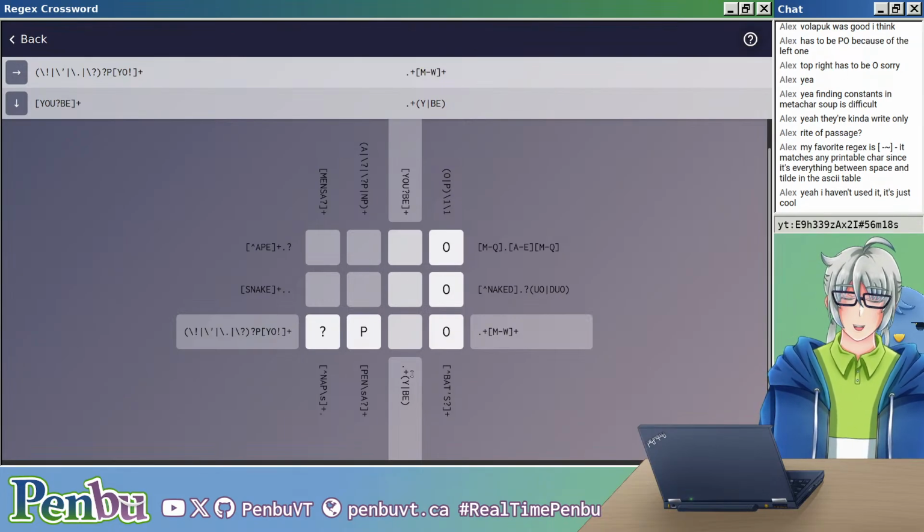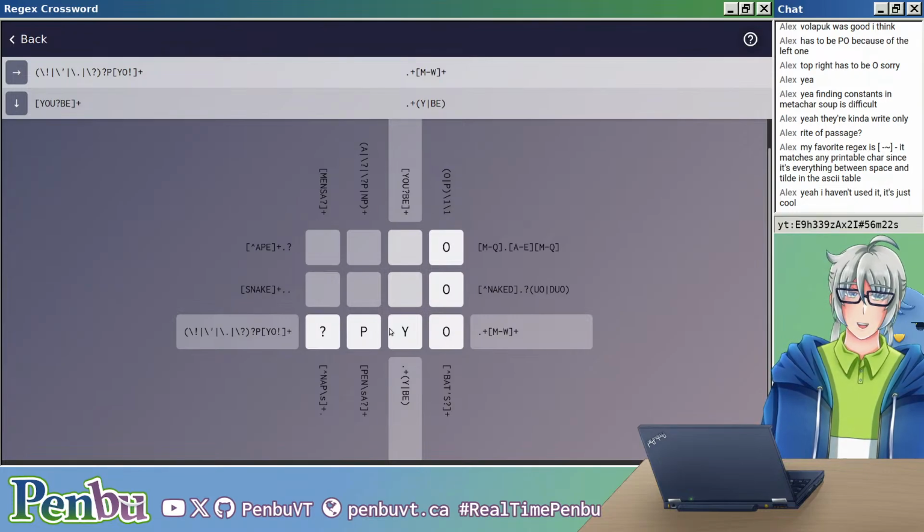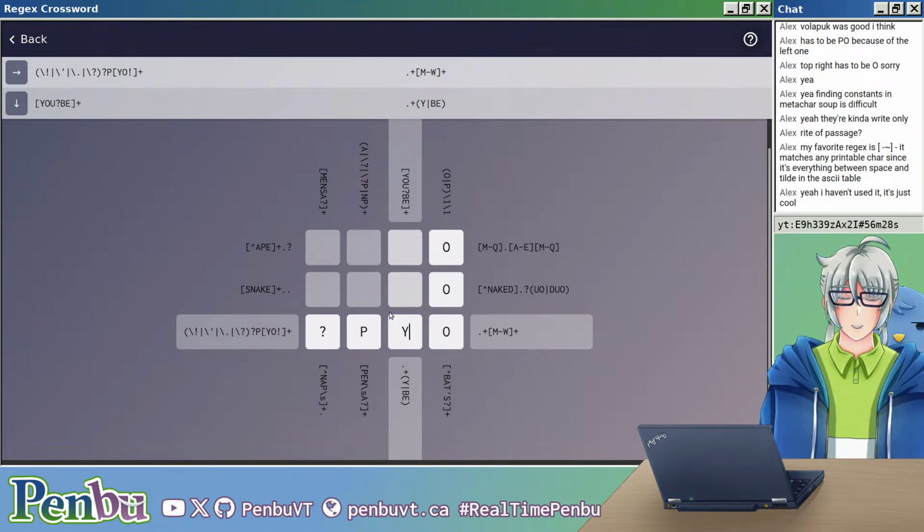This is forced to be a Y because this forces that to be that. There are no exclamation marks in either of these either. No, that still works because these 3 fall under the dot there.